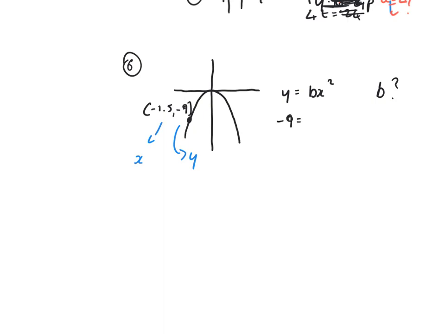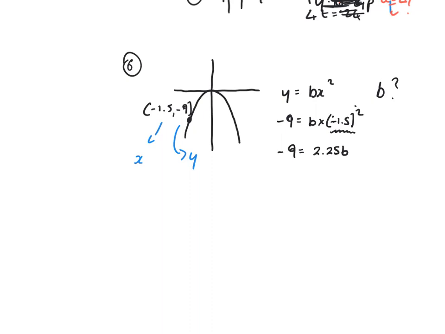Minus 9 equals b times, I'm going to square a negative number here, so introduce a bracket. Now take your time with this one. Minus 1.5 squared, well, the minus squared will give me a positive, so 1.5 times 1.5. If you take your time with that one, that will give you 2.25b.